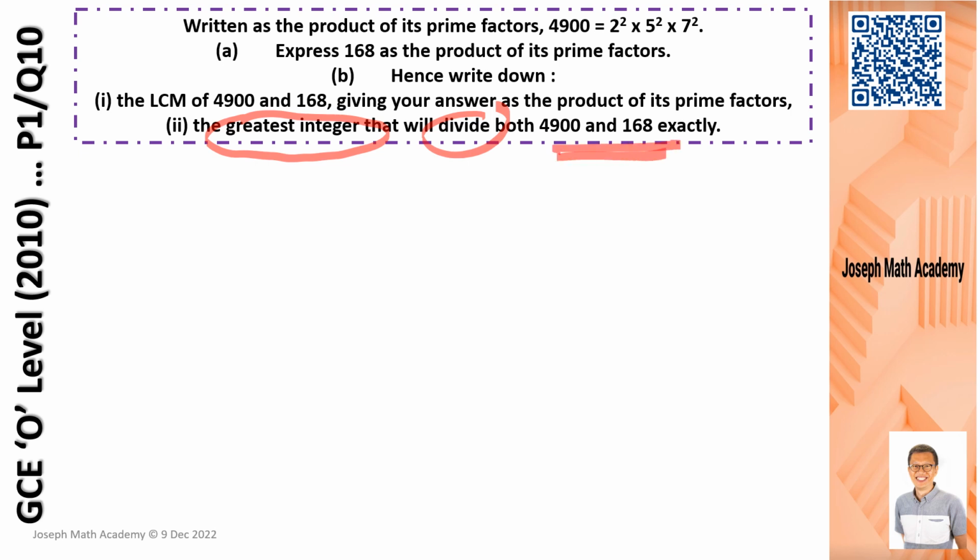That means it is a divisor for both 4,900 and 168. From here, you already know the question is asking us for HCF. The word greatest tells you it is the highest. A factor is a divisor that can be used to divide the numbers. So B part 2 is indirectly asking us to find HCF.